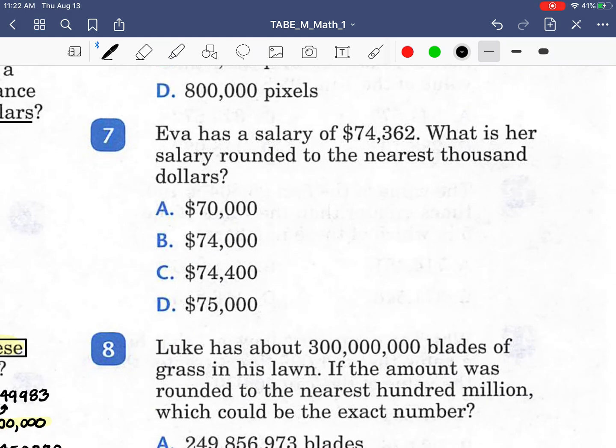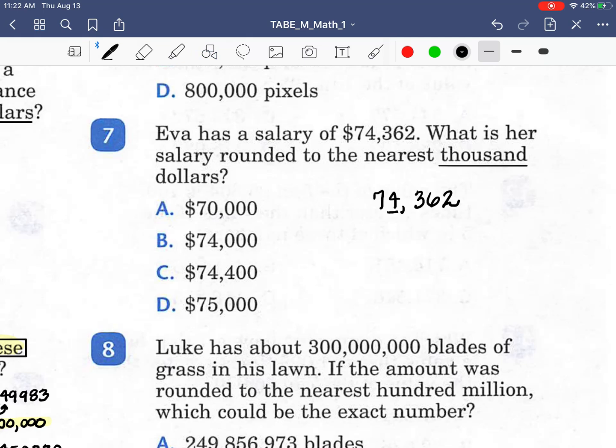Number 7. Eva has a salary of $74,362. What is her salary rounded to the nearest $1,000? So 74,362. The point of reference is the nearest 1,000.